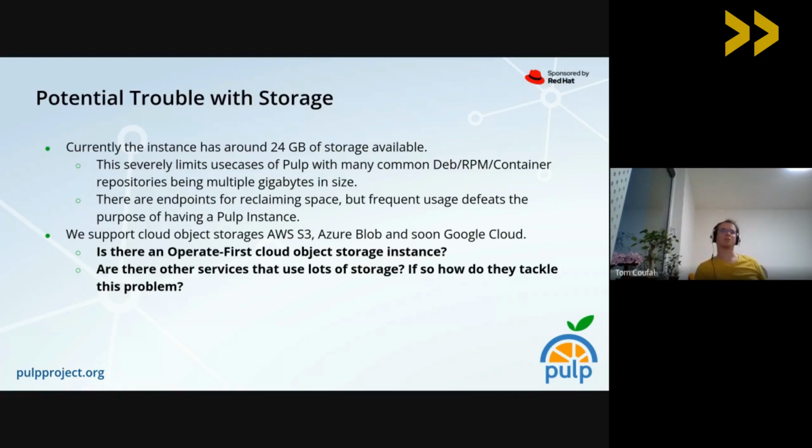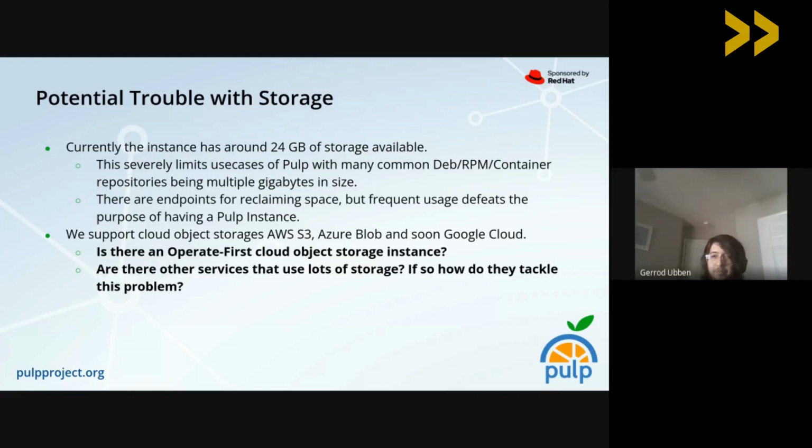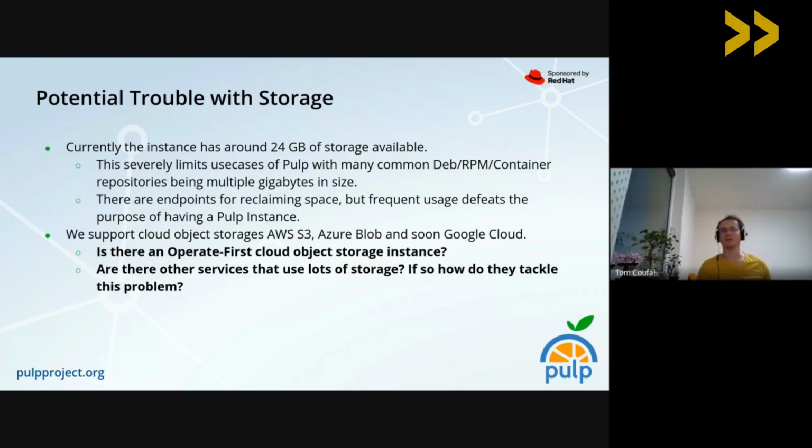We don't provide direct access to third-party services, so we don't offer storage on AWS S3 or Azure or anything like that. If you want to connect to AWS S3, you would need to do that on your own. But the network is there, so if you have your credentials, you can do that. But we don't provide storage there.